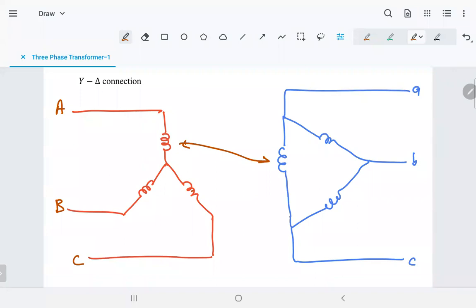Well, every single phase transformer has its own rated values, apparent power and voltage.